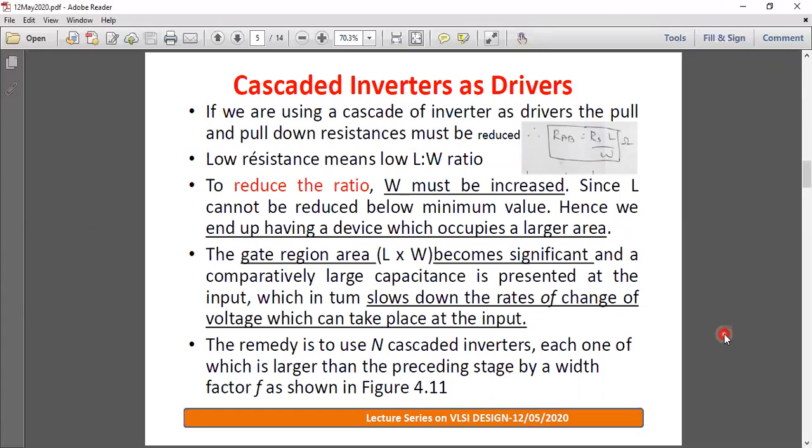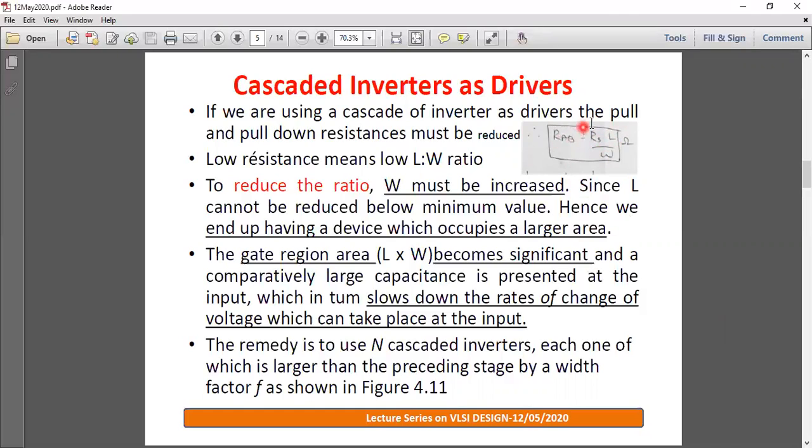So the solution is to use cascaded inverter drivers to drive huge capacitive load, with the pull up and pull down resistance of very low value. As you know, resistance is given by Rs into L by W.